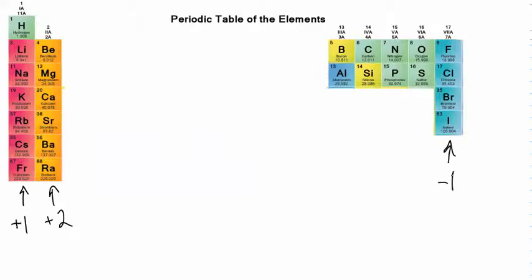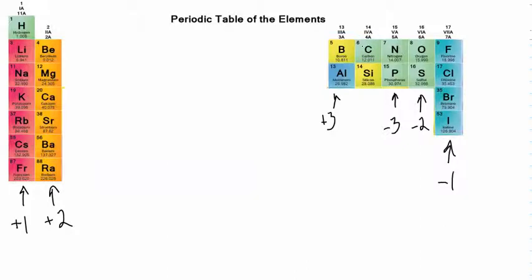They'd like to become -1 ions. And then the pattern continues, -2, -3. These guys right here, they can do +3 because it continues over from here. And then in the middle here we got carbon and silicon. Not going to worry about those so much in this class.